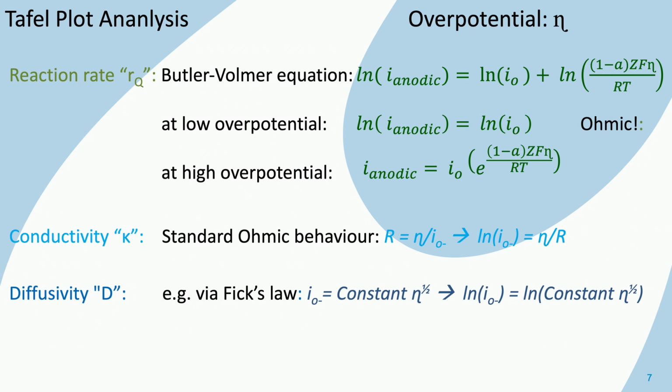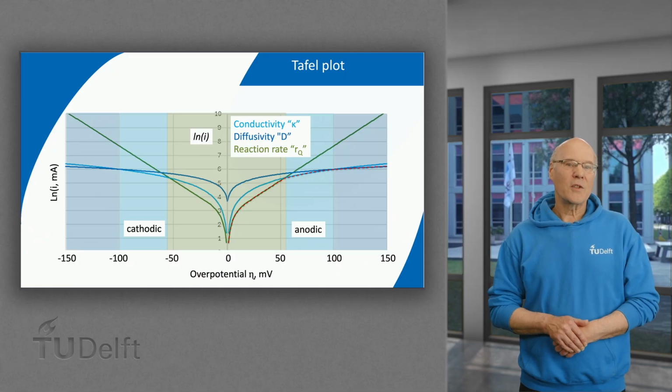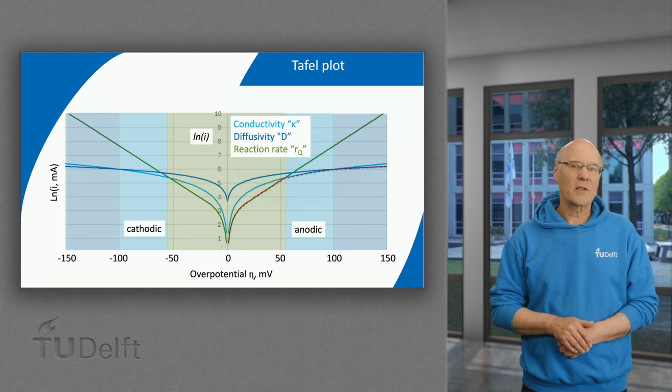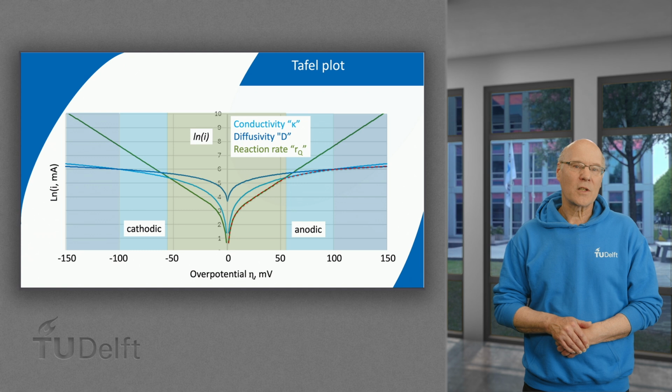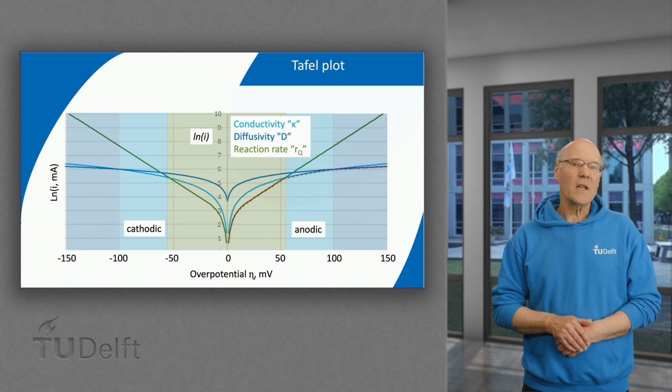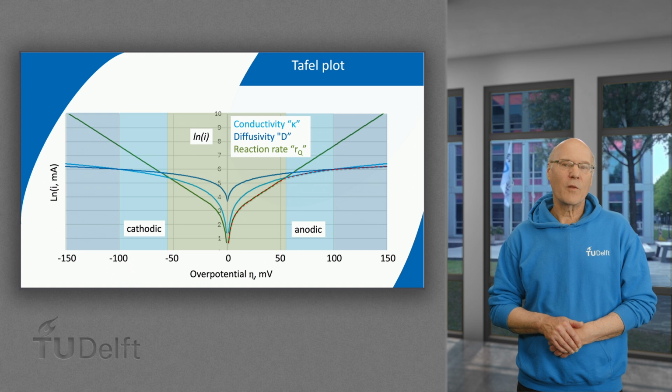If we know all the parameters for those equations, we can construct a so-called Tafel plot. This Tafel plot shows the logarithm of the current as a function of the overpotential. What has been shown here is an example of how such a curve could look like. Each mechanism gives a certain current-voltage profile.